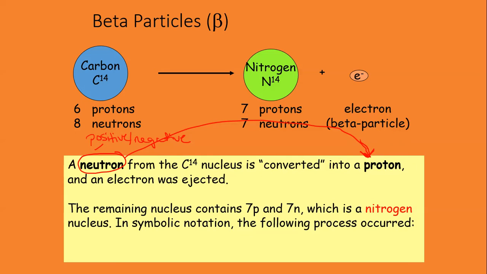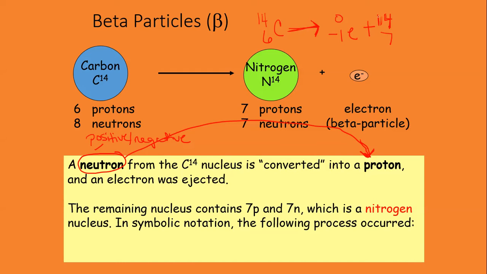It gives up one of its negative charges. It now is positively charged, and notice what happens. Notice that carbon-14 that had 6 protons, if it got rid of an electron from that neutron, remember we said a neutron becomes a proton, so now we have 7 protons, but the mass did not change, right?